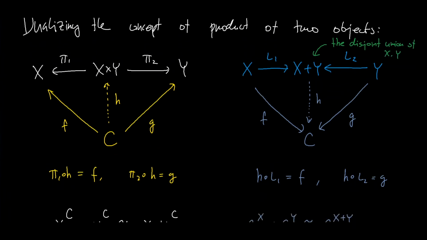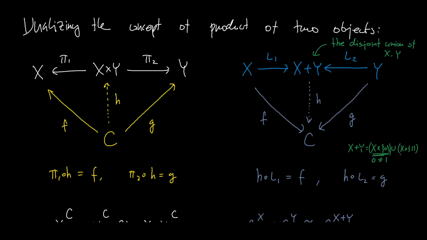There are many ways to define disjoint union. One of them is to define X plus Y as X Cartesian product with 0, the set with just 0 as its element, union that with Y Cartesian product with 1, the only element, and as long as 0 and 1 are not the same element, you ensure that they're disjoint.